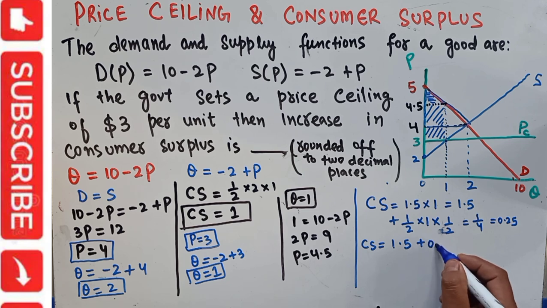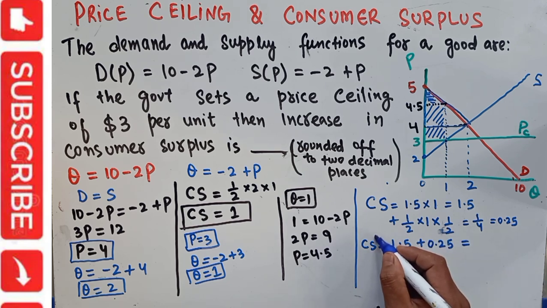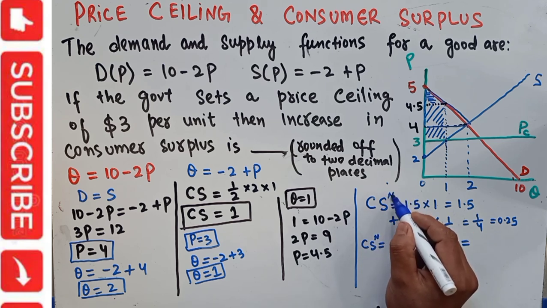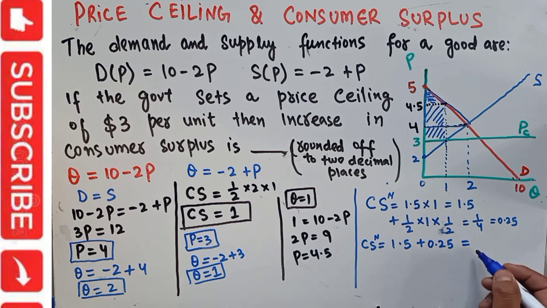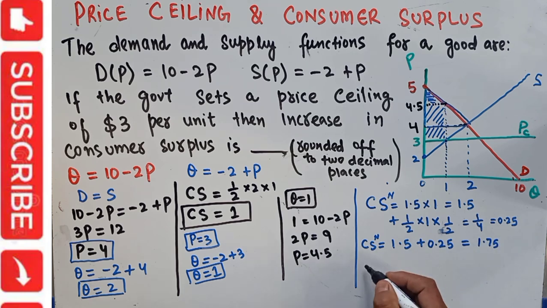So the area of the right angle triangle is 0.25. So the total consumer surplus, let us denote it by superscript n, that is the new consumer surplus, is 1.75.